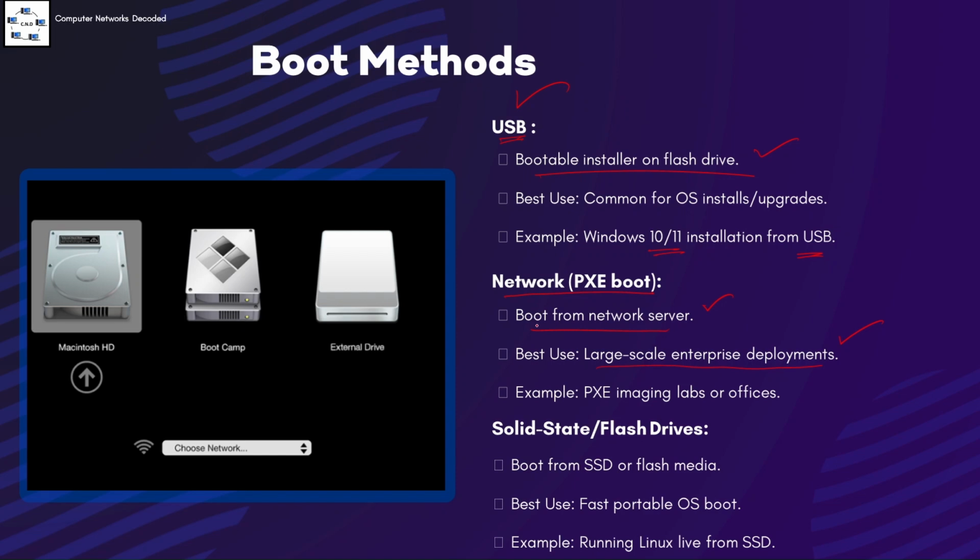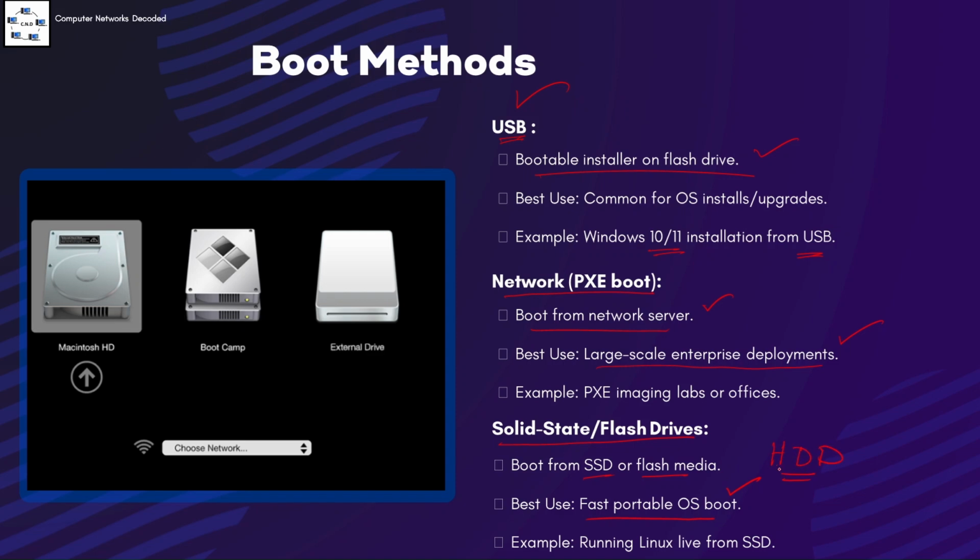And the last one is solid state flash drives. So booting your operating system from SSD or flash media is used for fast portable OS boot. So remember, SSD is faster than HDD.